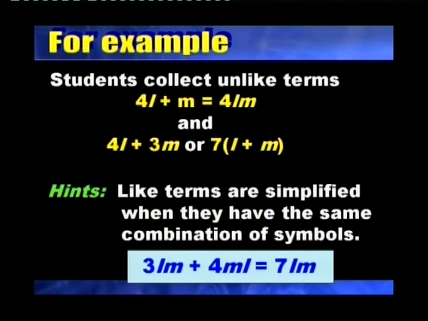This is an example of what like terms are. So during the lesson, receiving teacher, please do remind the students what like terms are and explain how you could simplify like terms. With that, we will move on to our lesson for today.